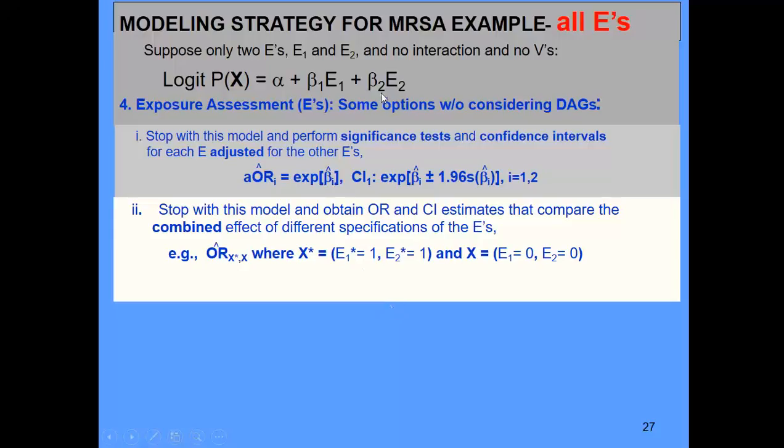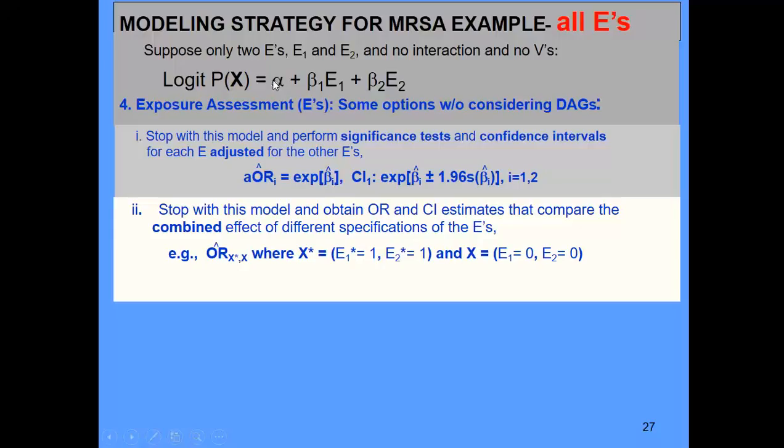Well, if this is the model, and E1 and E2 are binary as they were in this data set, then the odds ratio, as you can maybe figure out, because you are all experts now at computing odds ratios, no matter how many variables there are in the model, the odds ratio would be e to the what?